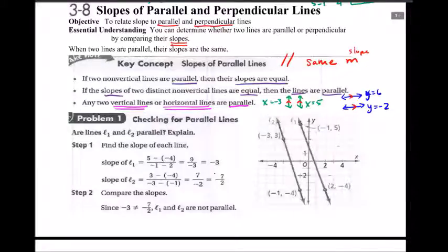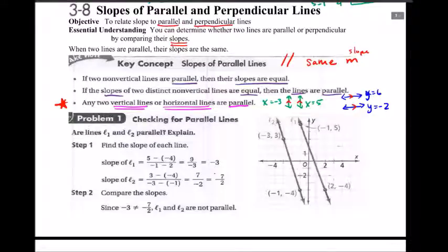This will also come in very handy later on. It will save a lot of work. We saw up above that we can calculate the slope, and that's just fine. But if you have vertical lines, your x-equals lines, those are always parallel. If we have two horizontal lines, your y-equals lines, those are always parallel.